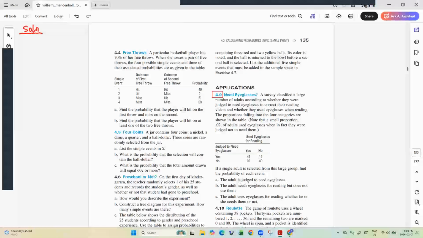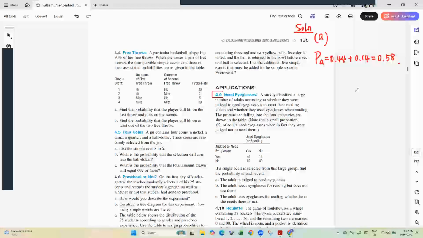The adult is judged to need eyeglasses. Here is the result. The adult needs eyeglasses for reading, but does not use them.